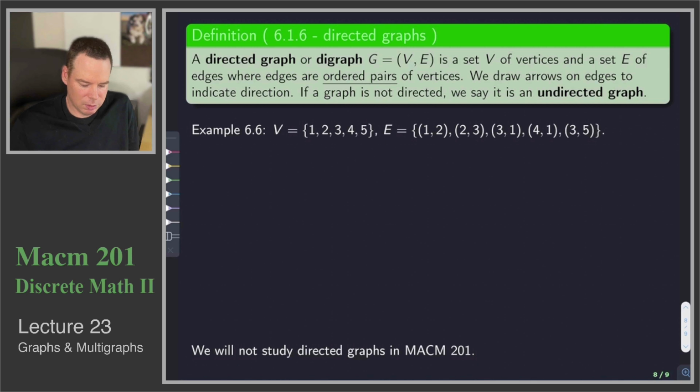If the graph is not directed, we say it's an undirected graph. So in this case, the only difference is how the edges are described. You can see they're now written as ordered pairs. We've got the round brackets instead of the set theoretic curly braces, indicating an unordered collection of vertices. Now we've got ordered pairs of vertices.